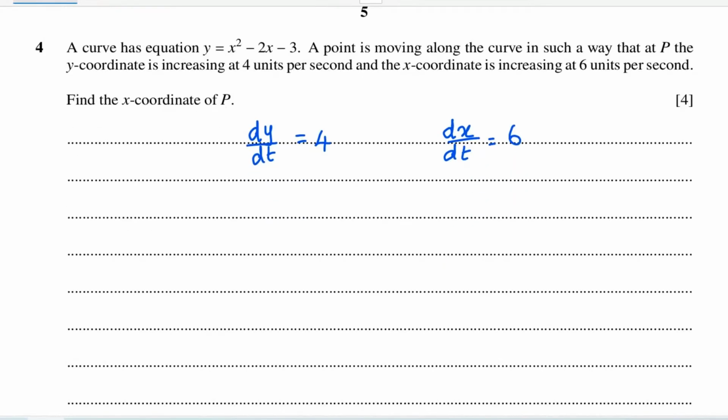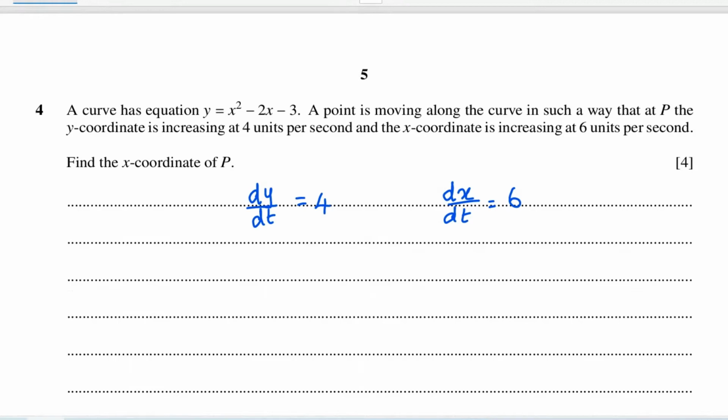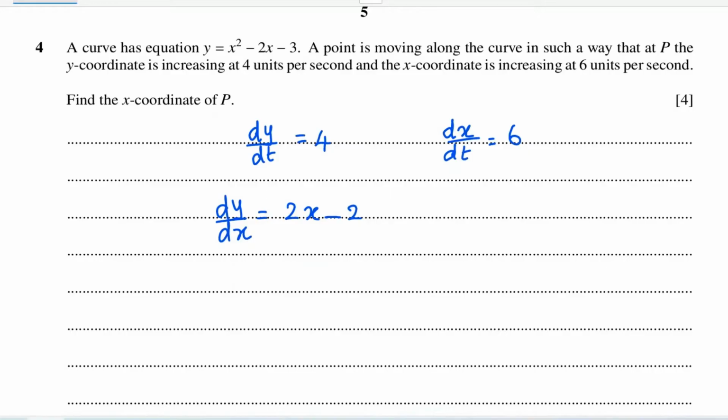So to find that, first let's find out what is dy by dx from the given equation. So dy by dx equal to 2x minus 2. Okay, and dy by dx can be written as dy by dt multiplied by dt over dx.